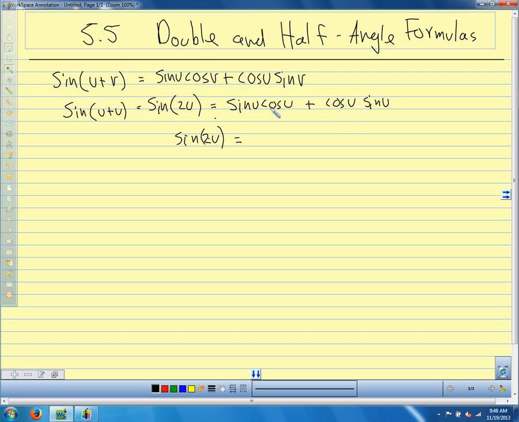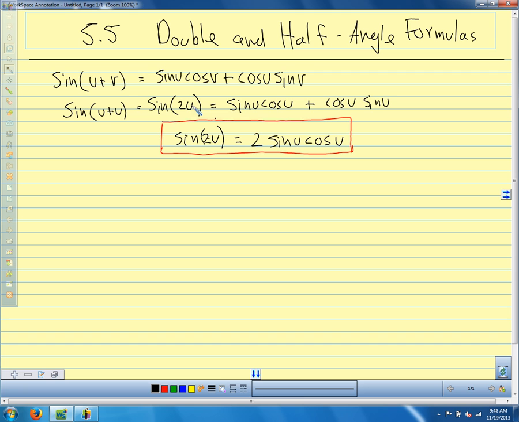I have sine u cosine u and another sine u cosine u, so 2 sine u cosine u. So there's my double angle formula for sine. That comes from my sum formula.